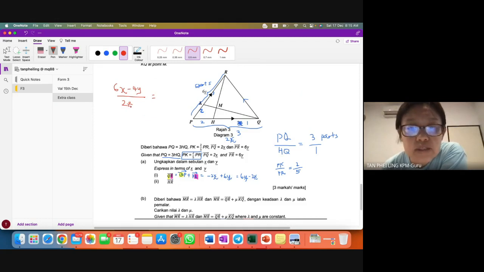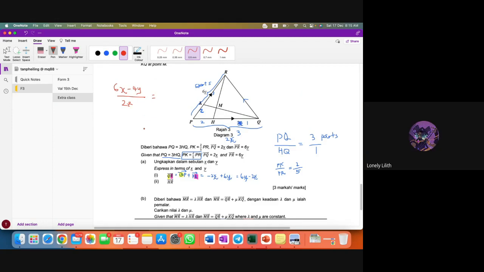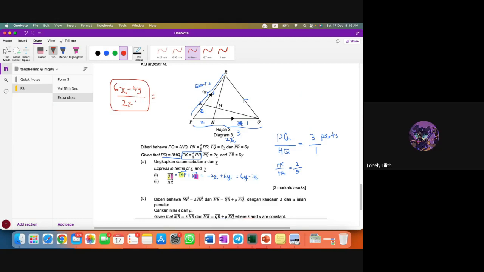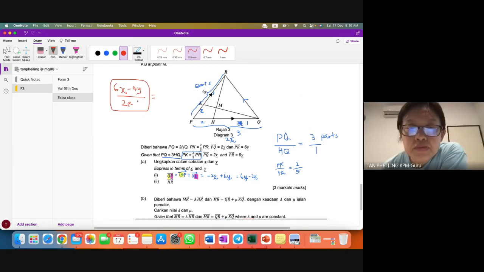Jess, can you tell me? Yeah, divide by 2. Very good. This one you can simplify because the top one you can factorize out the 2, making it 3x minus 2y, and then over 2z.